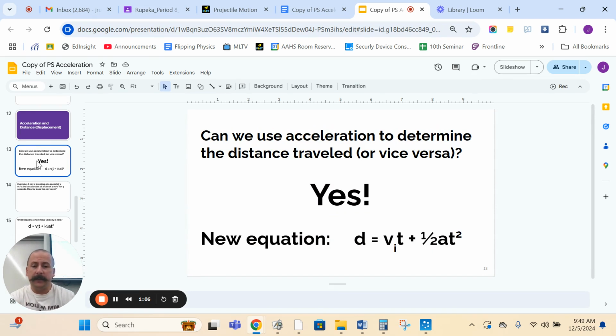And we can use that to determine how far it's going to go or how quickly the object is accelerating. We'll end up having a new equation here. Now, this might look like it's long, but we're really only going to do one problem, and then we're going to make it much easier. The distance is equal to your initial velocity multiplied by your time, added to 1/2 of the acceleration multiplied by your time squared.